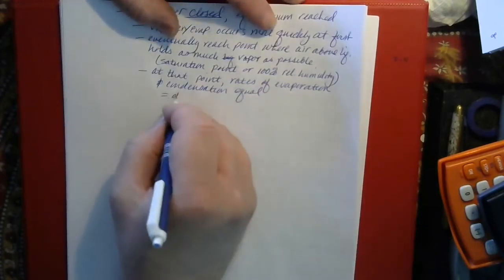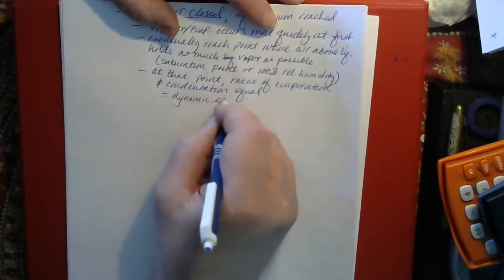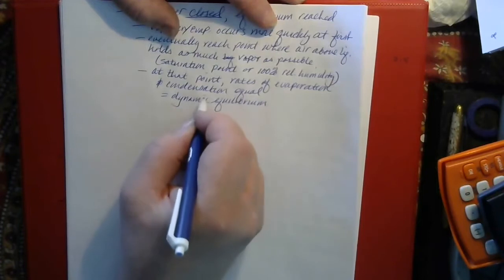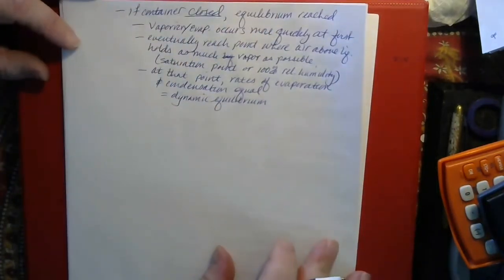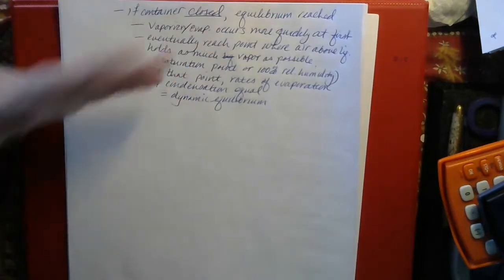And this is known as dynamic equilibrium. It's a situation where it appears that nothing is changing, even though individual molecules are changing.